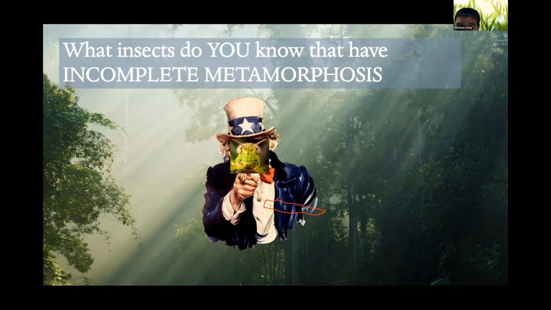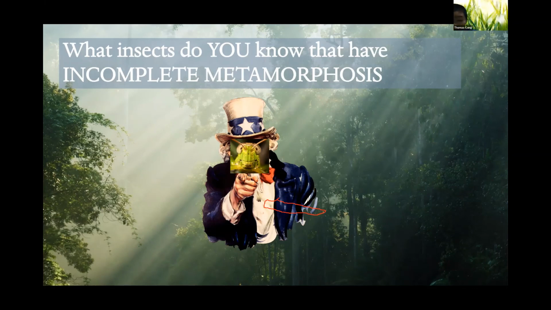And someone said cicada. Okay, cicada is also a type of insect that has incomplete metamorphosis, but they also live in different places. They will be nymphs underground for a few years usually, and then they will come out on trees and molt and become adults who can fly.